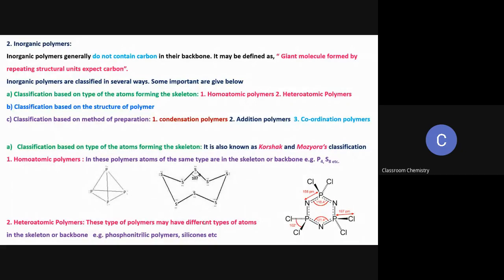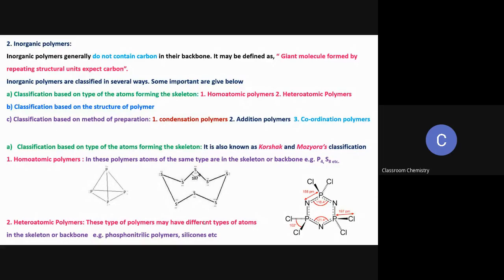If the skeleton is formed from the same atom, then it is called homoatomic polymers, or homopolymers. And if the skeleton is formed by different atoms, then it is called heteroatomic polymers or heteropolymers. Then the second type of classification is based on the structure of polymer.